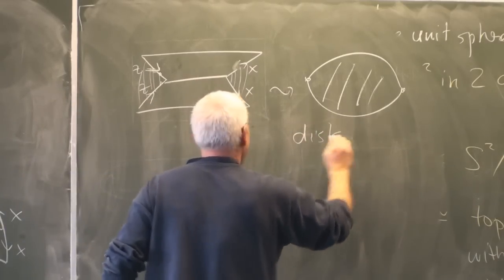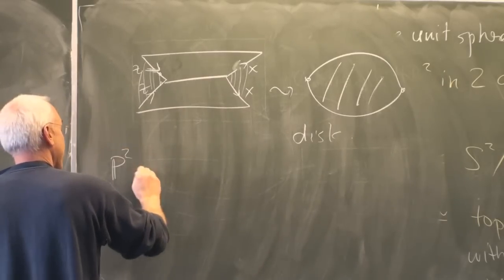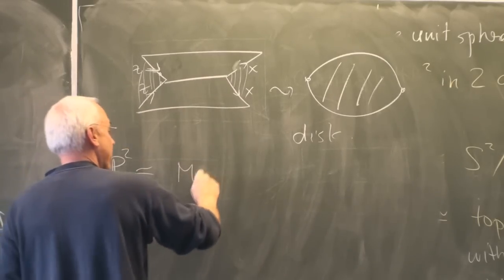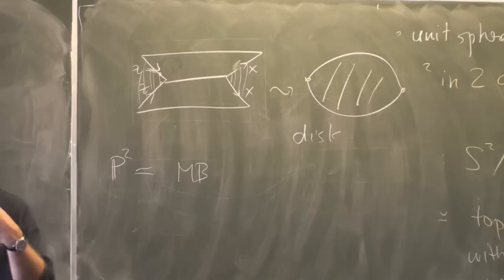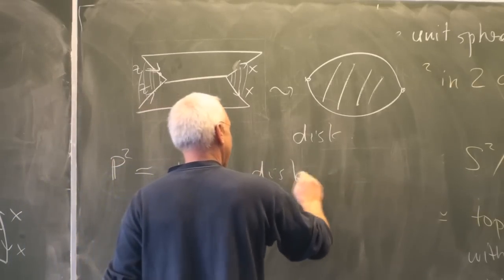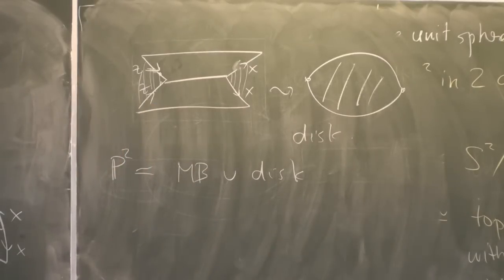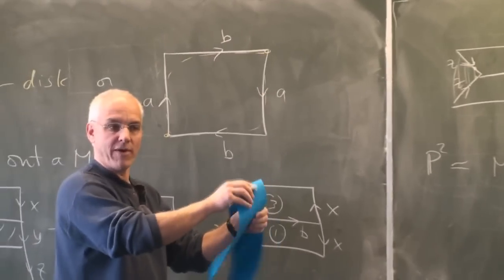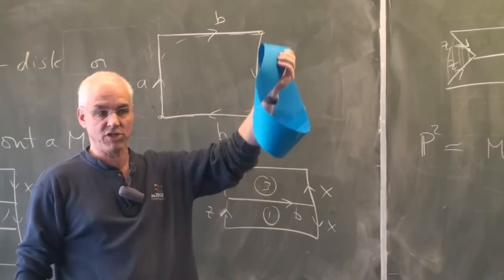And so that's telling us, therefore, that the projective plane is topologically a Mobius band with a disk glued on its boundary. Union disk. So it's what you would get if you took the Mobius band and you took a disk and you just glued the disk to the Mobius band along the circle all the way around. When you've finished, that's it. That's the projective plane.